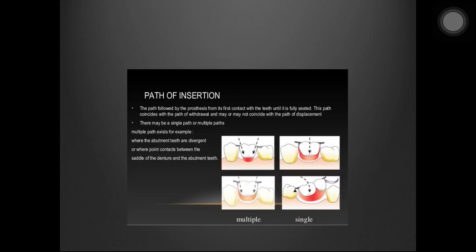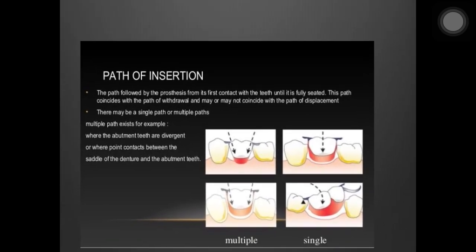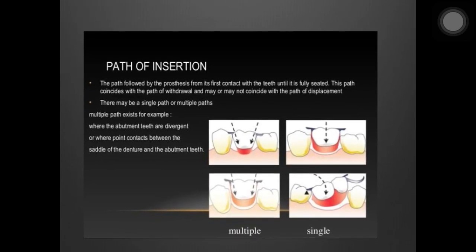Path of insertion is the path followed by the prosthesis from its first contact with the teeth until they are fully seated. This path coincides with the path of withdrawal and may or may not coincide with the path of displacement. There may be a single path or multiple paths.